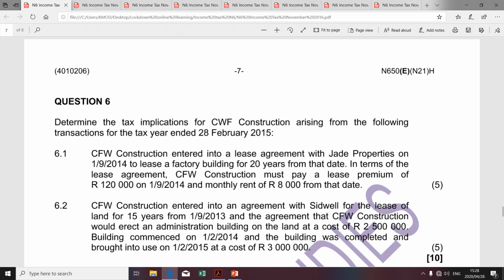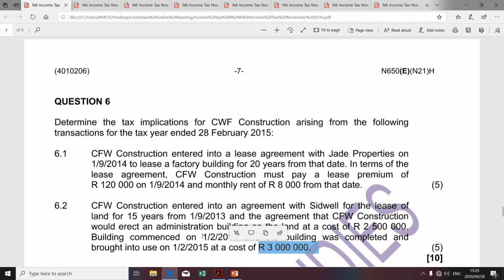I'd like to bring to your attention the fact that the two amounts are capital in nature, as they were incurred in respect of erecting an administration building. Therefore, we couldn't have employed the provisions of section 11A to deduct an expenditure of 2.5 million or 3 million.